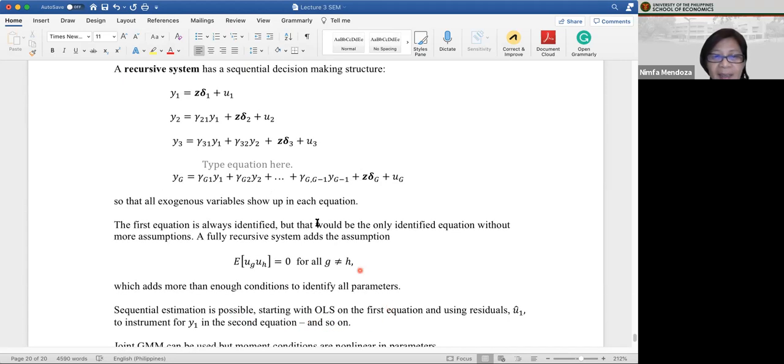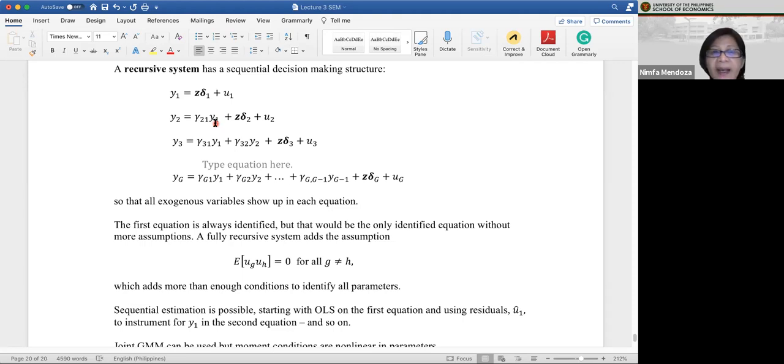Start with OLS for the first equation, because that is identified. Using the residuals u sub 1 hat, then use u sub 1 hat as the instrument for y sub 1 in the second equation.